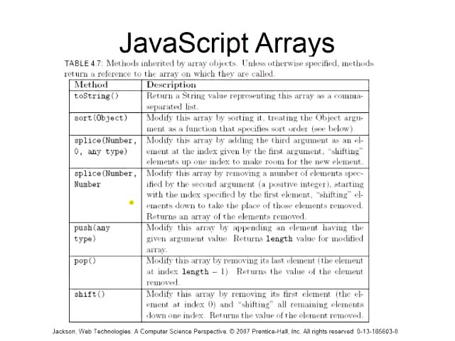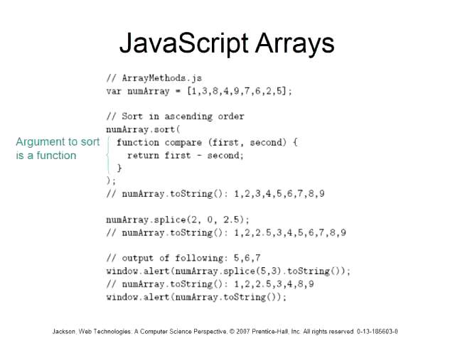We can use push, pop, and shift. So there are many methods that can be used to manipulate arrays in JavaScript. Any questions about these methods? Good.